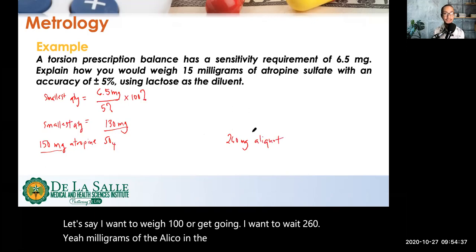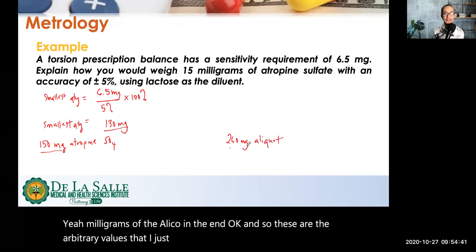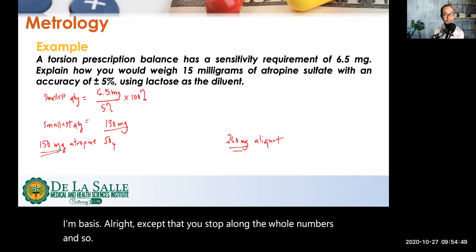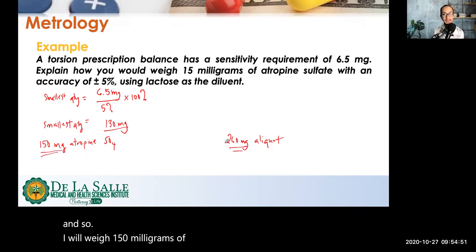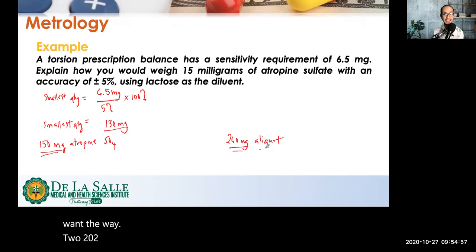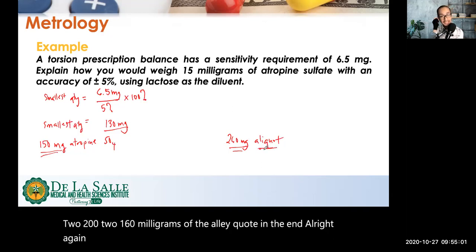So these are the arbitrary values that I just set. There's no basis, except that I just want whole numbers. So I will weigh 150 milligrams of atropine sulfate, and I want to weigh 260 milligrams of the aliquot in the end. So that's what I will do.